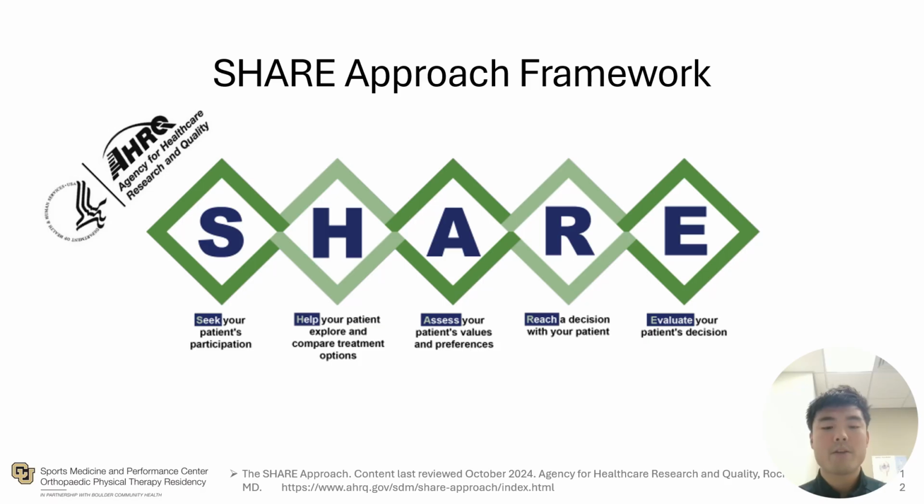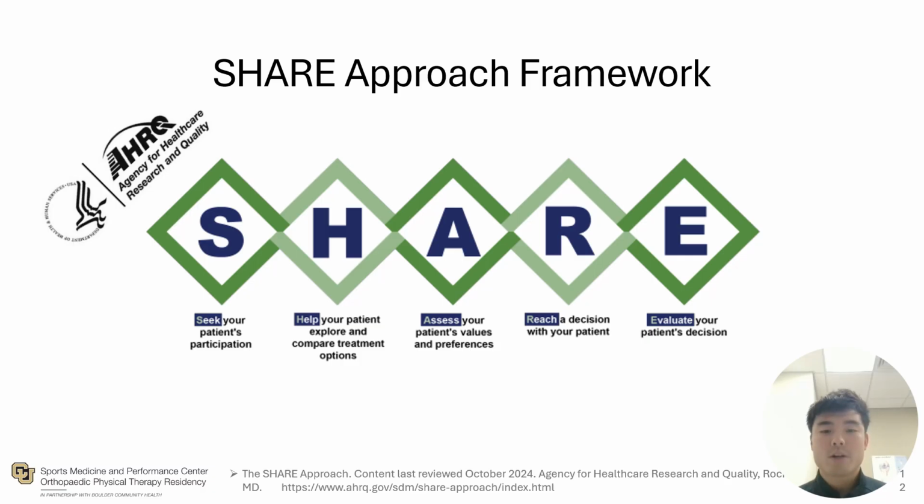Third, we assess what matters most to them and their values and preferences. Fourth, we reach a decision together, ensuring that the patient is ready and has the information needed to make a full decision. Then finally, you evaluate the decision over time, checking in to see what's working for them.